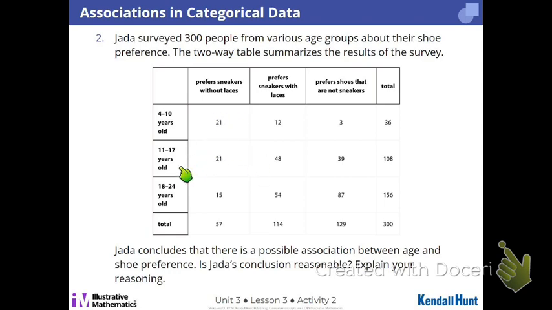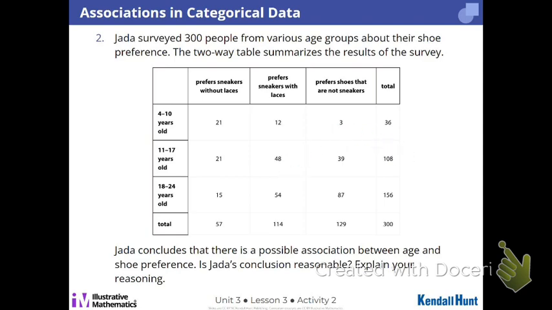Okay, let's look at the least cool group of kids. So 48 like sneakers with laces. Your shoes don't have laces? Correct. That's why this is the least cool group. So, what percentage roughly of this group?